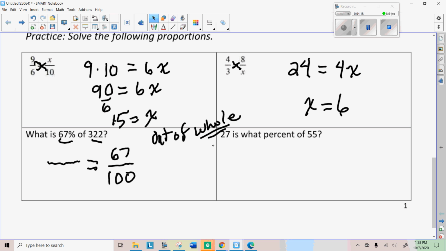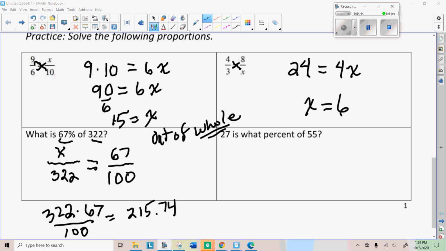Okay? So since it's out of 322, we're going to put that on the bottom. We're going to put an x here. And then I'm going to do 322 times 67, get that answer. And then I'm going to divide that by 100. Now, one little shortcut you could take, you probably know by now that when you divide by 100, it just moves the decimal over 2 places.